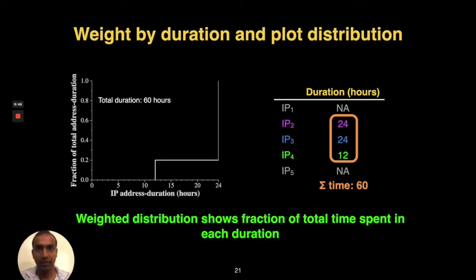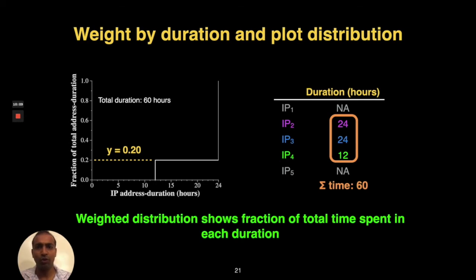Again, in the graph, the x-axis shows different address durations, but the y-axis now shows the fraction of total address duration. For example, 12 hours comprised 20% of the total duration of 60 hours, because 12 by 60 is 1 by 5, which is equal to 20%, and 24 hours comprised 80% of the total address duration.